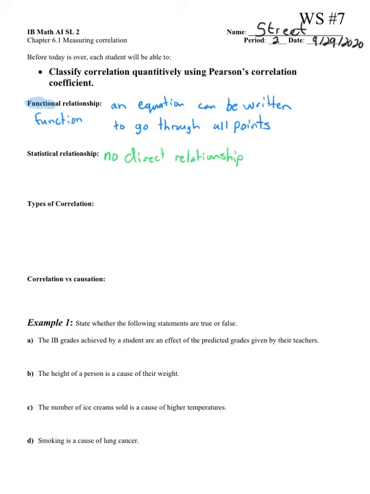But the data points, when they're plotted, may indicate a tendency to be close, I should say close to some line or curve.